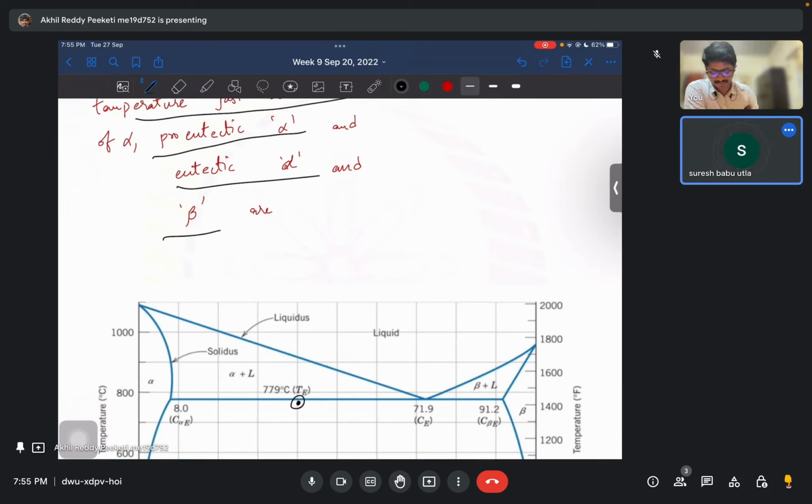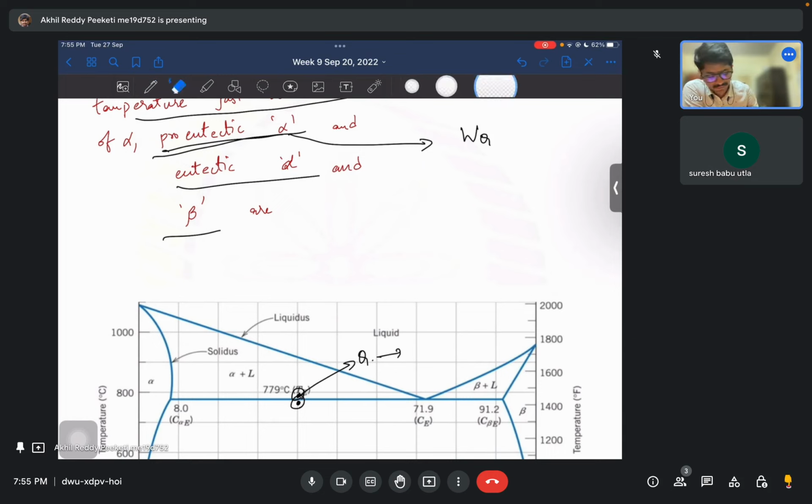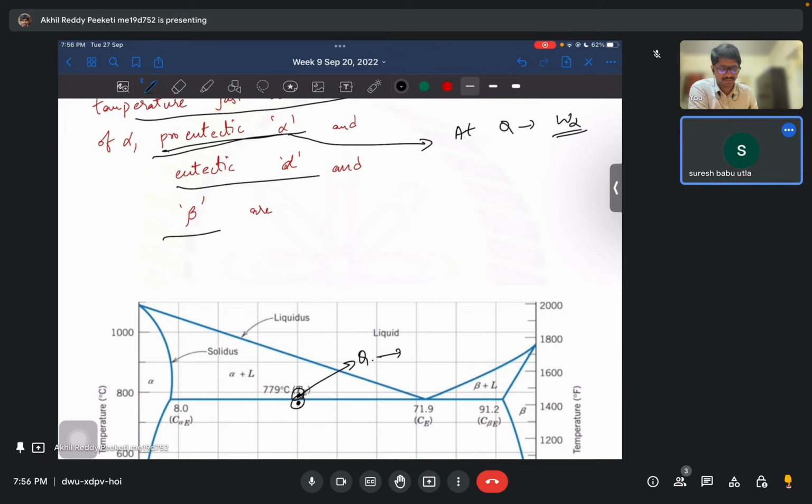Proeutectic alpha is basically the alpha before the solidification, right? So whatever alpha you get here at Q, like in the previous case, that would be proeutectic alpha, W alpha at Q.